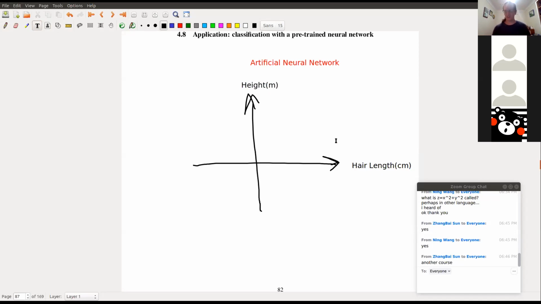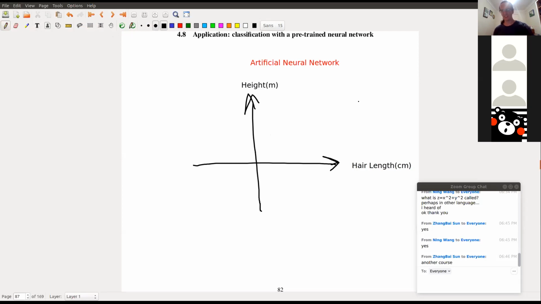So in our neural network we've got two inputs, and we're going to try to work out if someone is male or female. This might not necessarily be zero, just for demonstration.